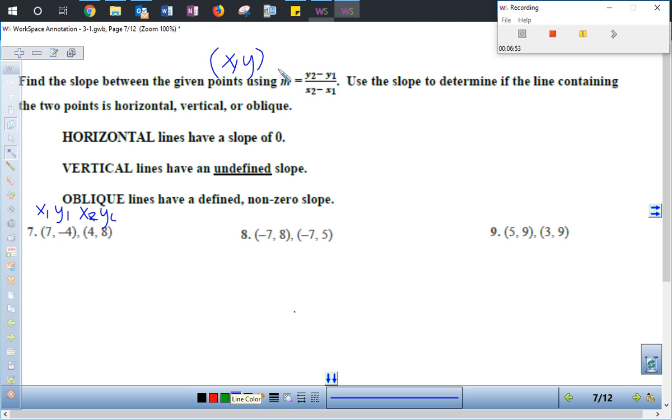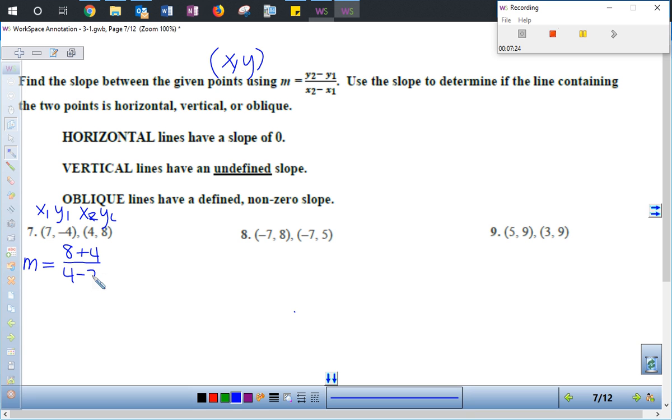Our formula for slope starts with m equals. M will always represent the variable for slope. Then I'm going to take y sub 2 minus y sub 1. My y sub 2 value is 8, minus my y sub 1 value, which is -4. So instead of writing 8 minus -4, I want 8 plus 4 over x sub 2, which is 4, minus x sub 1, which is 7.